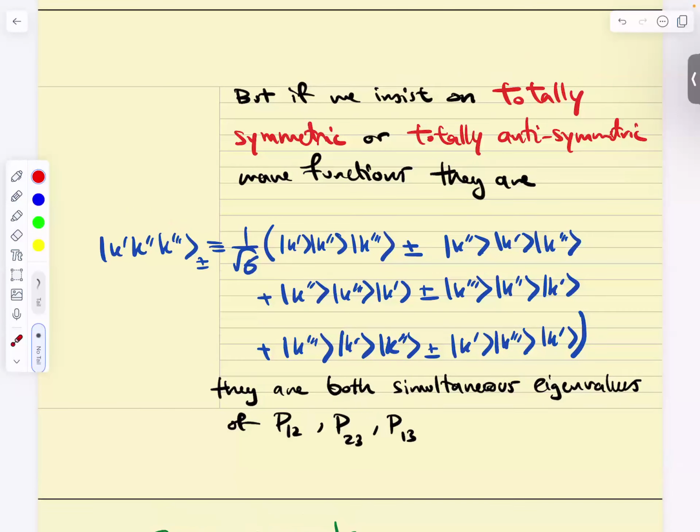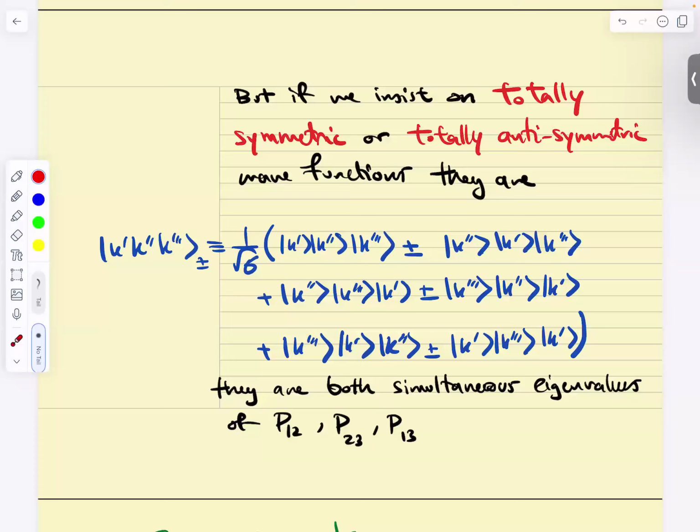Now, there are states that you could write down which are totally symmetric or totally anti-symmetric. Any Pij you pick, you swap them, for the totally symmetric one you get back your state. And for the totally anti-symmetric one, you always pick up a minus. So when you have a totally anti-symmetric one, an odd number of swaps gives you a minus sign, and an even number of swaps gives you a plus sign.